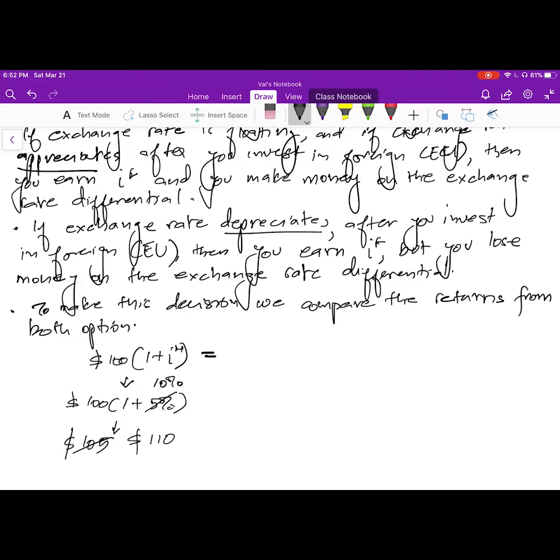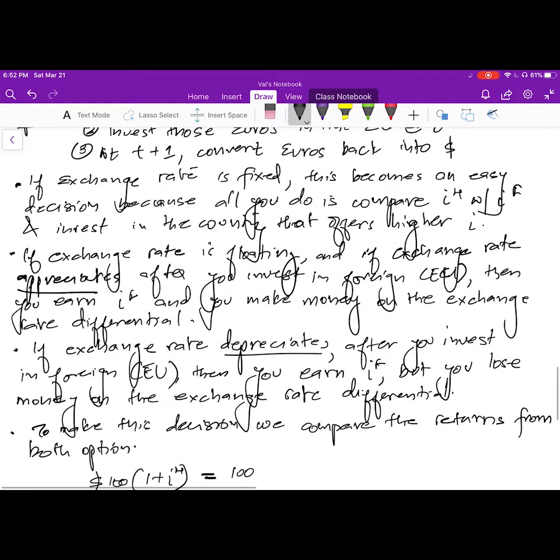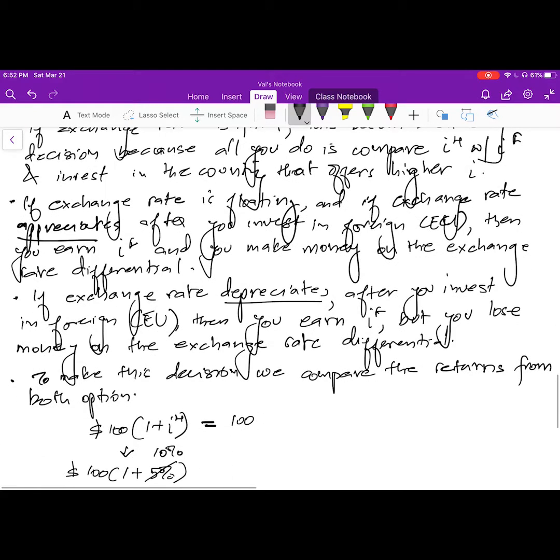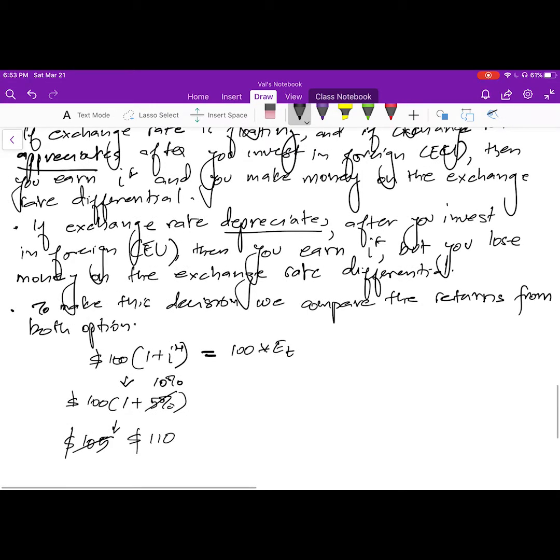So you start by taking that $100 you had, and remember, going back all the way to the top, step number 1 says convert $100 into euro. So you multiply that by whatever the exchange rate is today, right? So ET is the exchange rate. Let's work on this example.